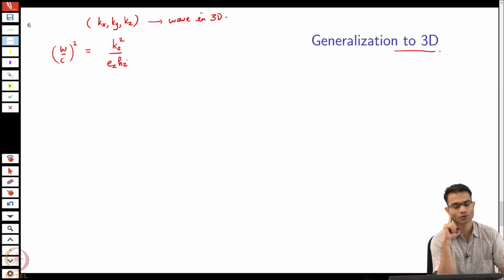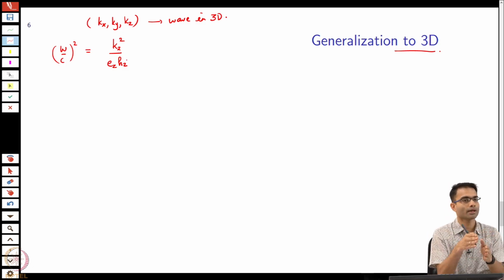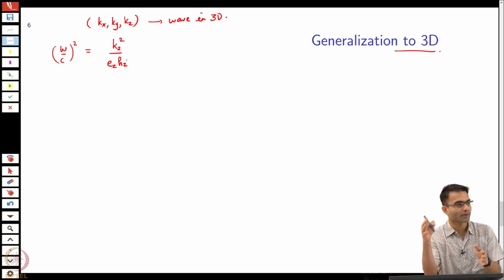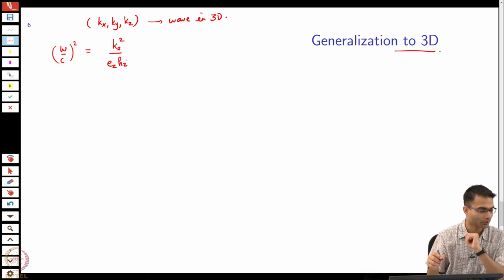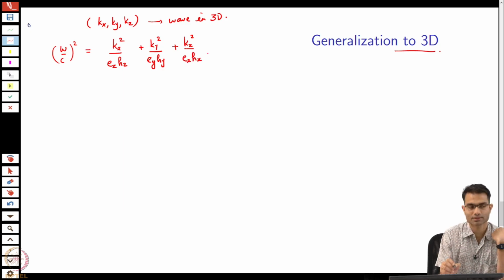When there was no coordinate stretching, this became kz squared plus kx squared plus ky squared. What will happen now? Exactly. I will now get ky squared divided by Ey Hy, and kx squared divided by Ex Hx.